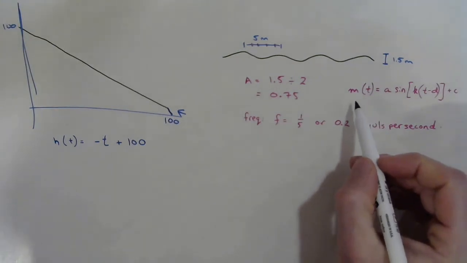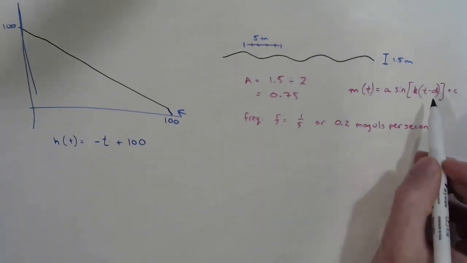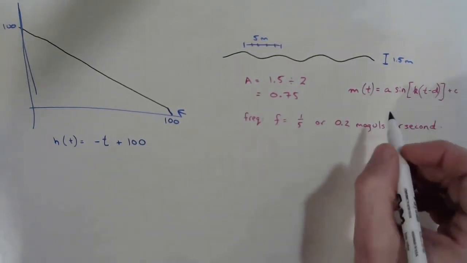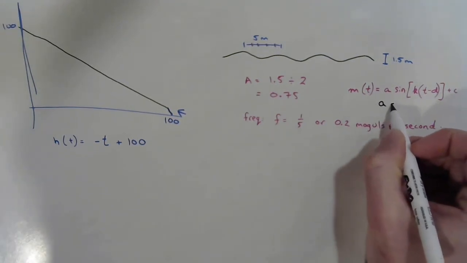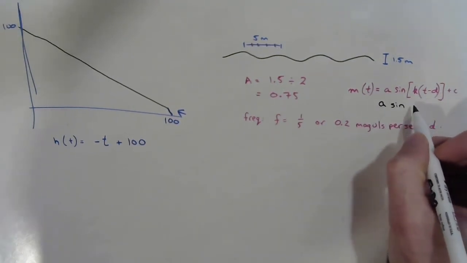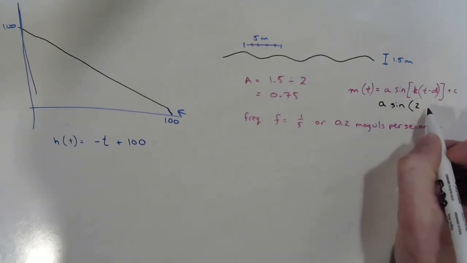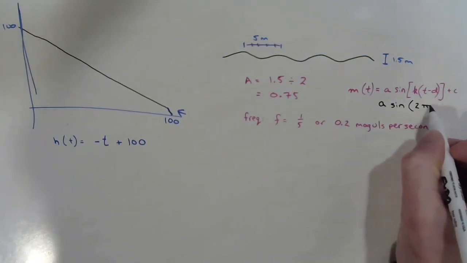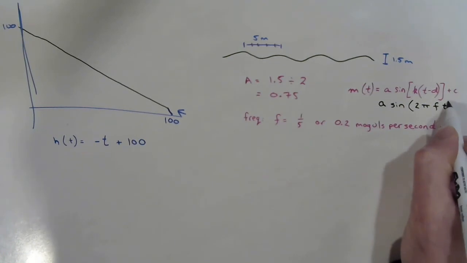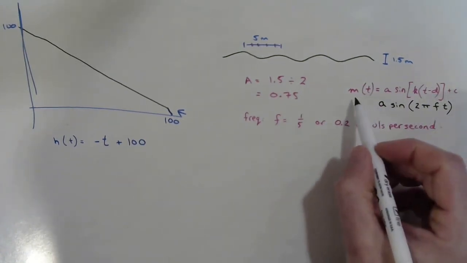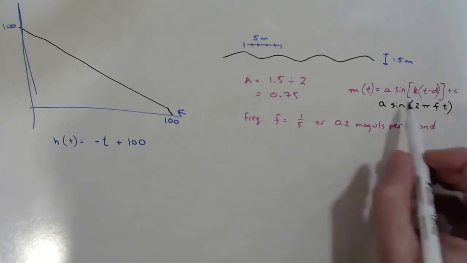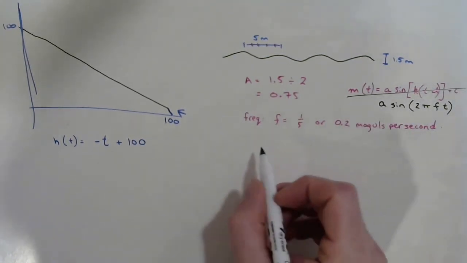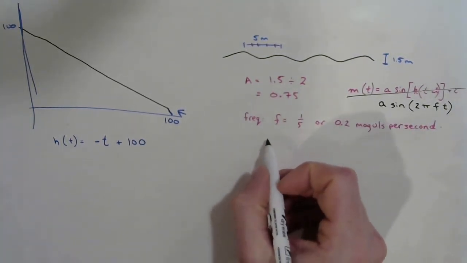Okay, so this was actually not a super helpful thing to write because we already have a function that we're going to be using. We've got amplitude times the sine of 2 pi frequency times t. Okay, so our k value that I said is kind of like our frequency value in this case. So here we go. We'll plug those guys in.